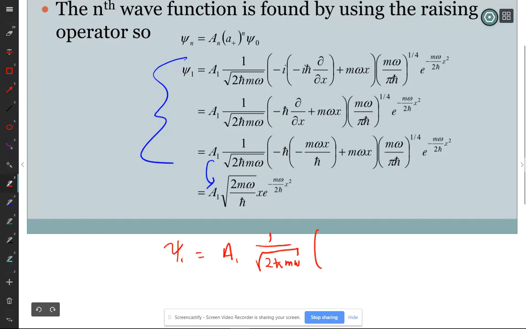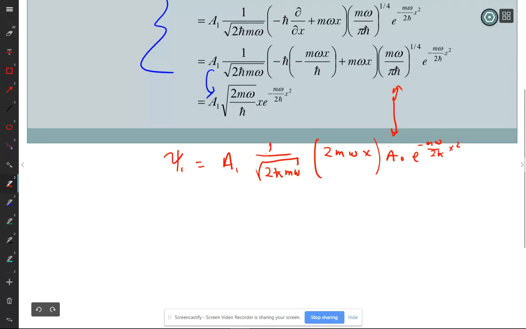And then, as I said, the stuff in parentheses is just 2 m omega x. And then I'm just going to put A0, it's shorter, right? Because that's what that was, A0. So now the last step here, like I said, is the place where I can make a mistake.